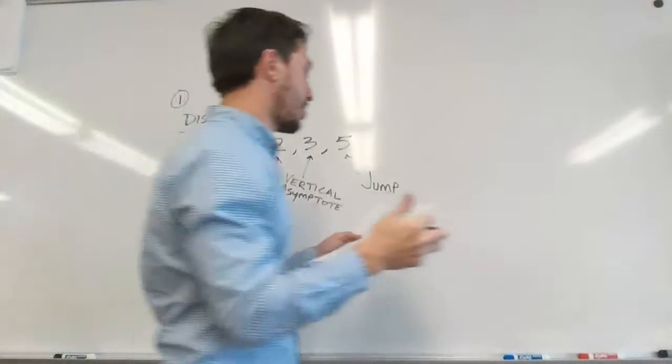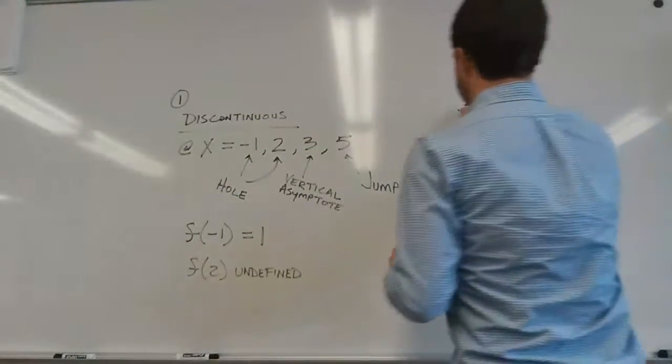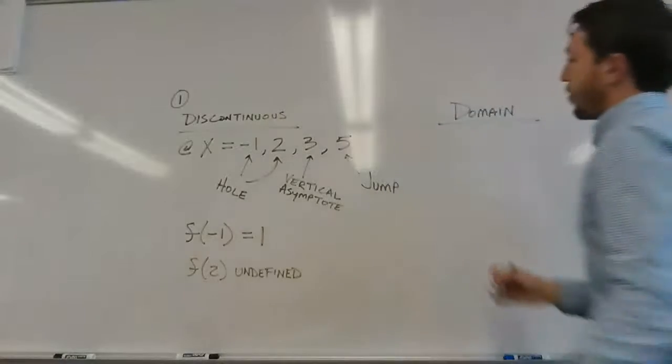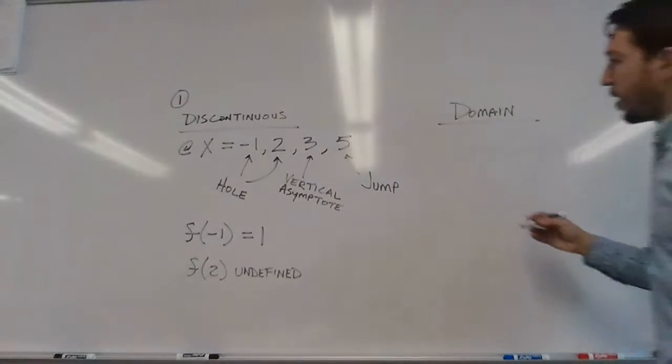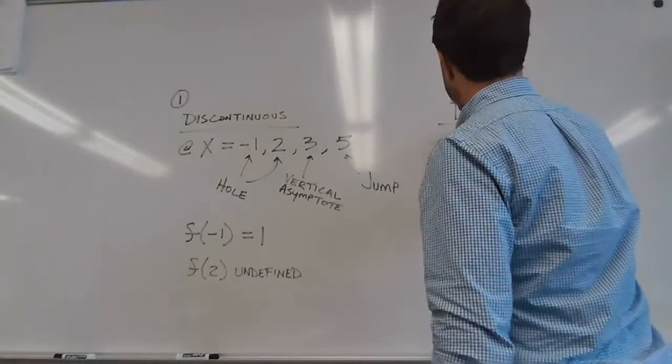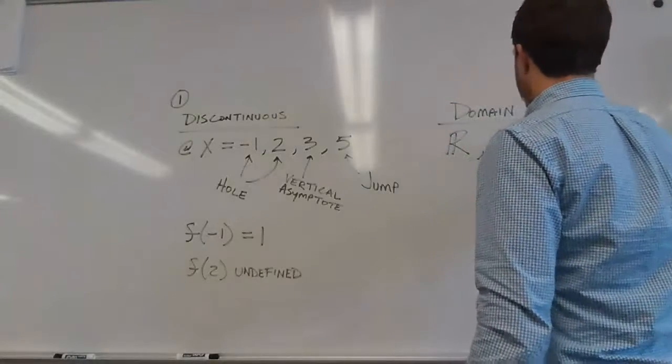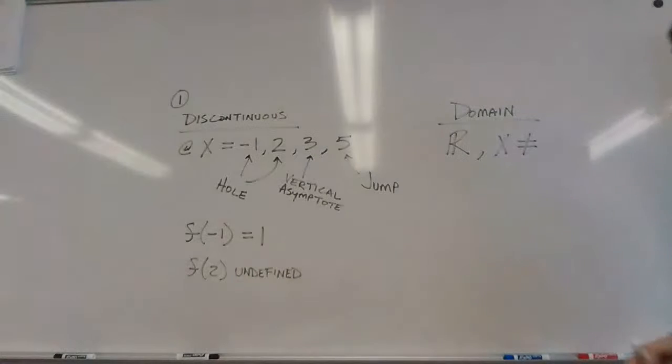But the next part of this question says, what's the domain of the function? Well, the domain would be all real numbers except... x cannot be... Now we're going to write a list of all the x values that x is not allowed to be in this function. Is x allowed to be -1?